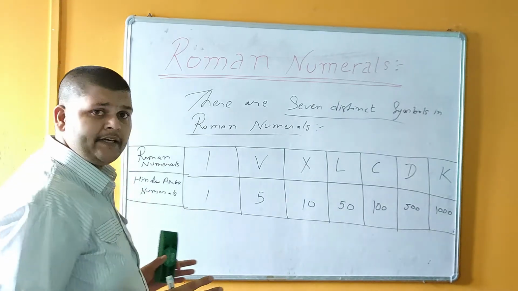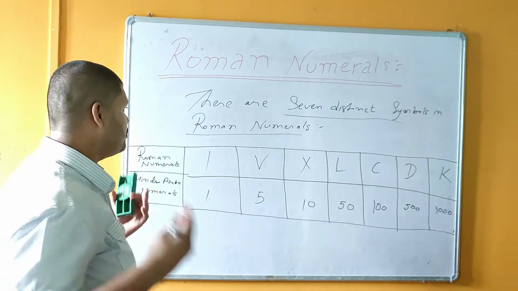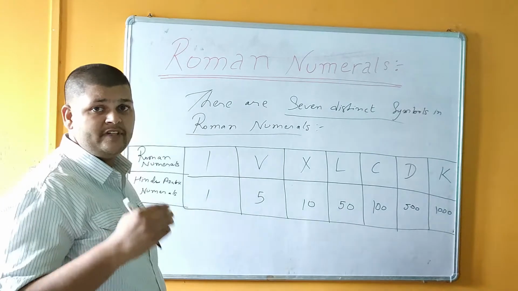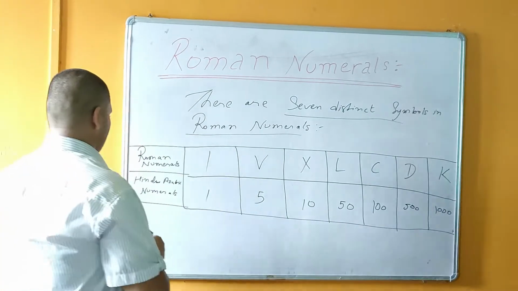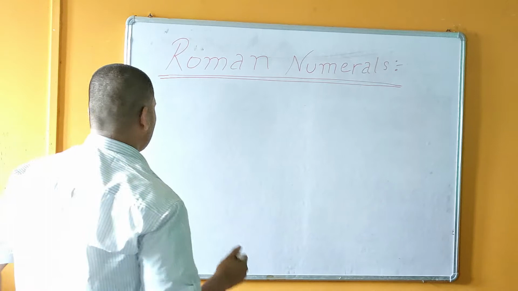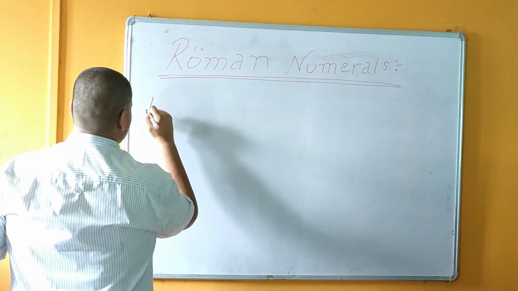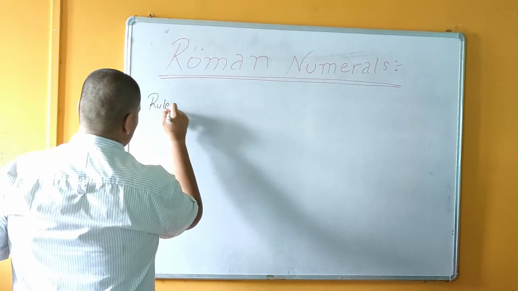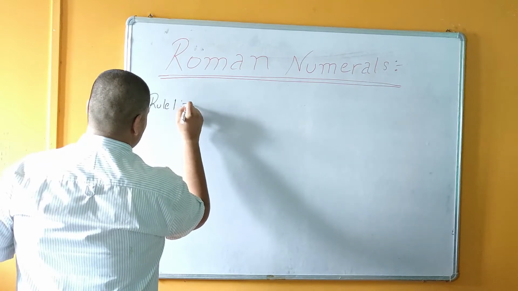Now we will be dealing with certain rules. What are those rules? First of all, I will be dealing with rule number 1. I am erasing this. The rule number 1 we are writing over here. Rule 1. What is it?